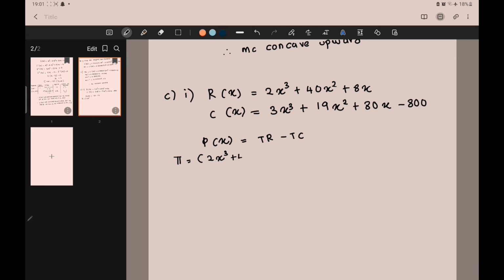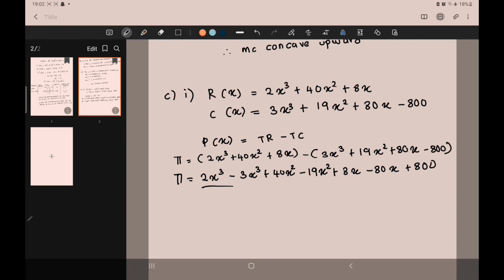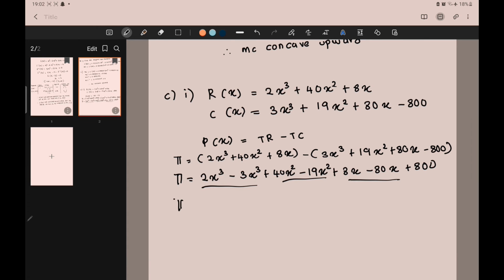So we substitute the revenue function and cost function into the profit function, and we get negative x cubed plus 21x squared minus 72x plus 800.